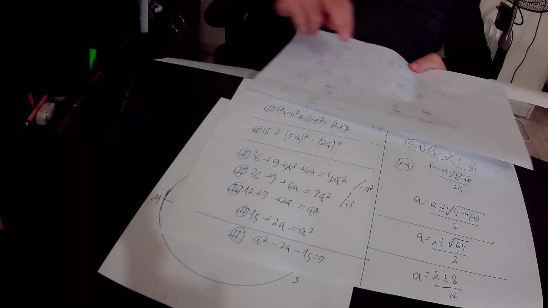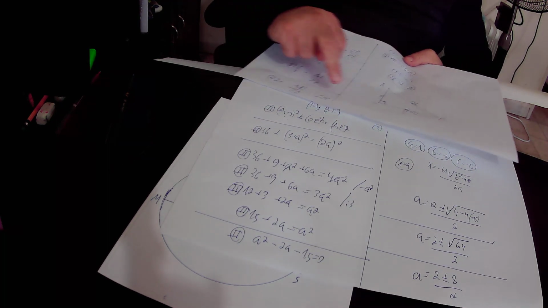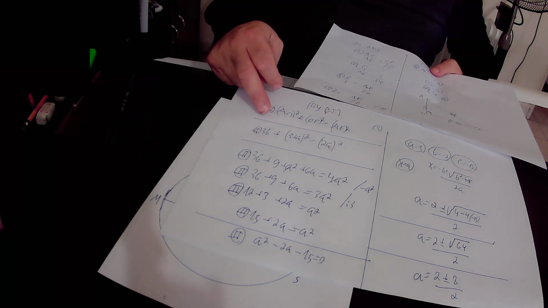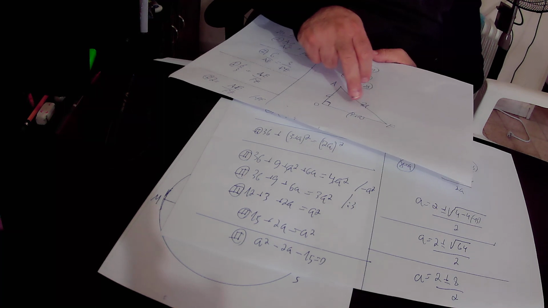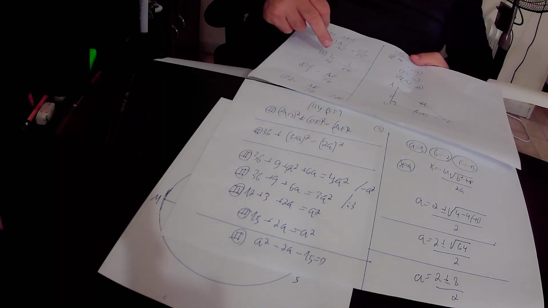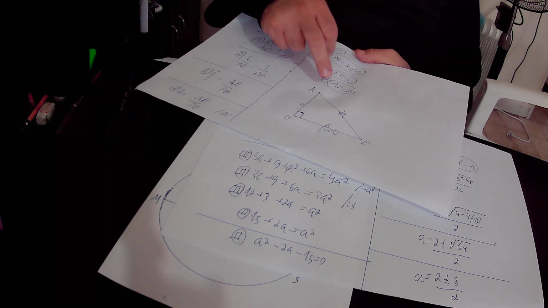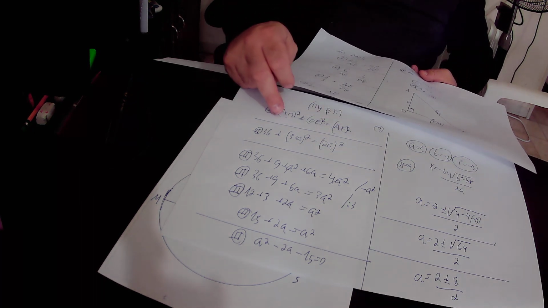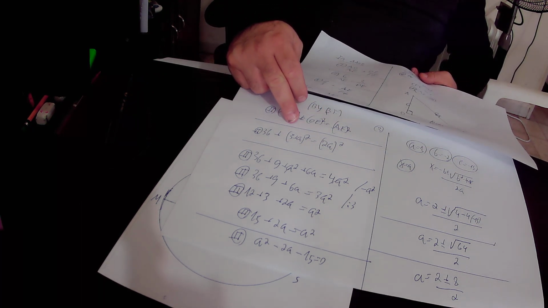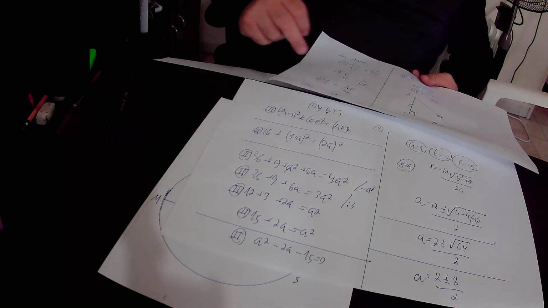AO equals 6, so AO squared is 36, plus OE squared. OE is 3 plus A, so OE squared is (3 plus A) squared, and it is equal to AE squared. AE is 2A, so AE squared is (2A) squared. So we found that 36 plus (3 plus A) squared equals (2A) squared.